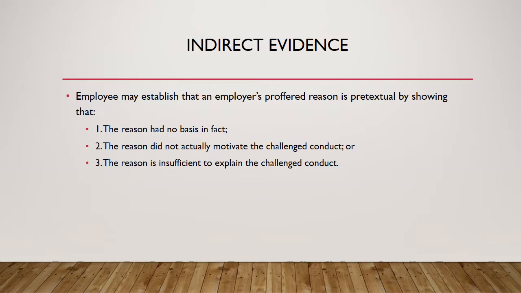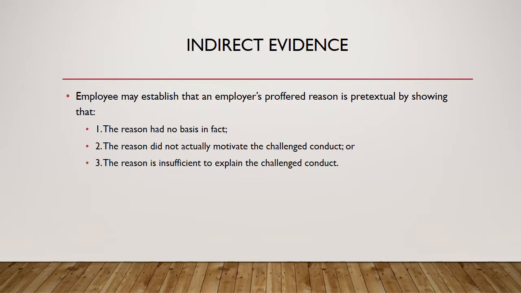They can also show that the reason did not actually motivate the challenged conduct. If they can say, well, we terminated you because you violated the safety rule, but they can point to other people outside the protected class, so in an age claim, if they can show that there were younger workers who violated the same rule but were never terminated, that may be a basis to show that the violation was not sufficient to motivate discipline.